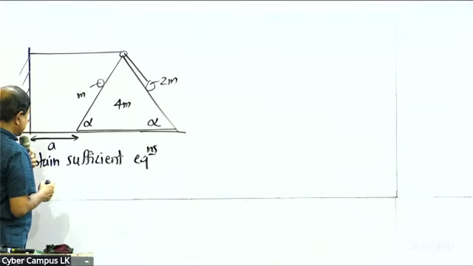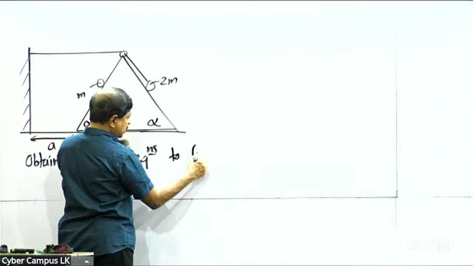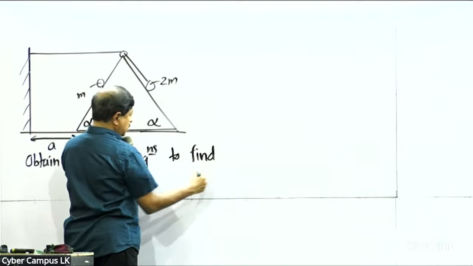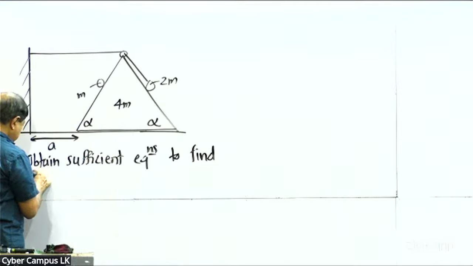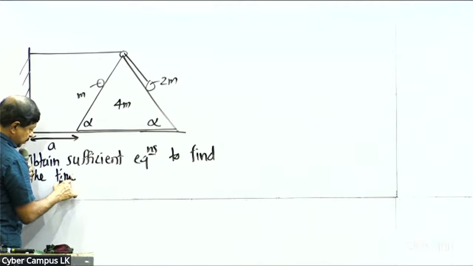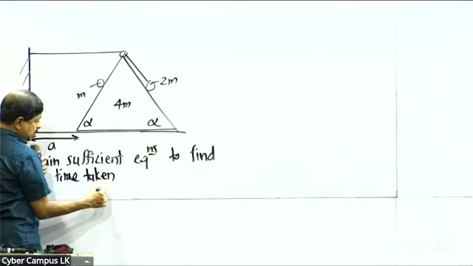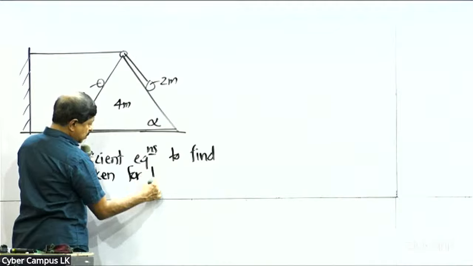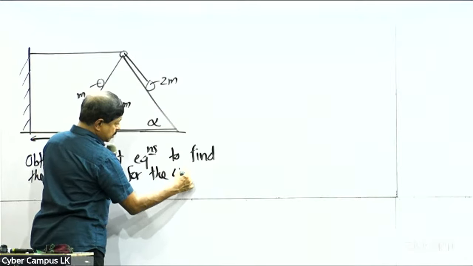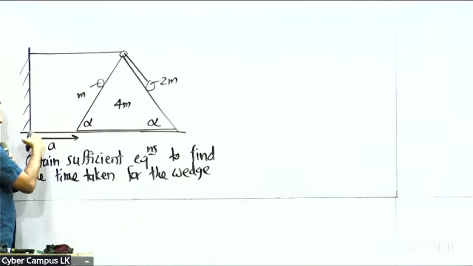Obtain sufficient equations to find the time taken for the wedge to collide with this wall. The distance is A.